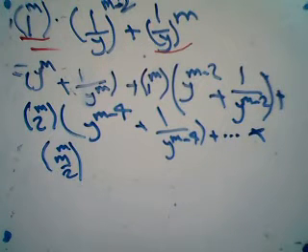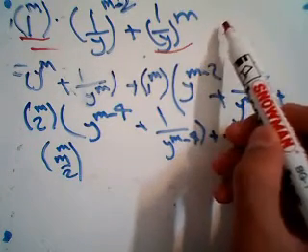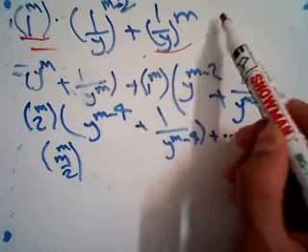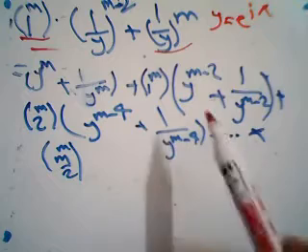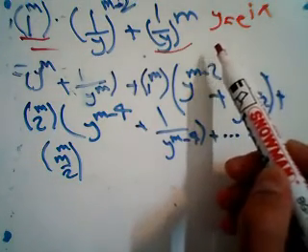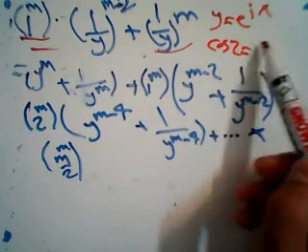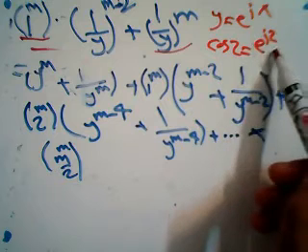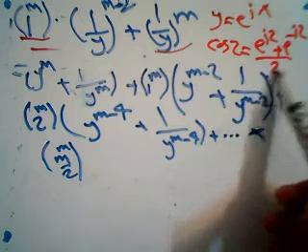Now, y was e to the ix, and the formula was cosine z equals e to the iz plus e to the minus iz over 2.